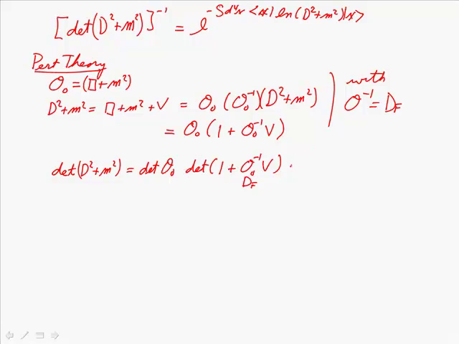Okay. Determinant of O0 is just a number. It has no A dependence. So we'll write that as a number. Determinant 1 plus DFV. So now we use this trick, write this as a number e to the minus integral d4x, x matrix element of log 1 plus DFV.